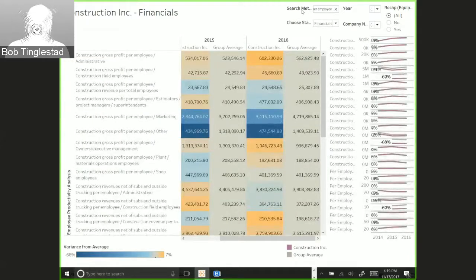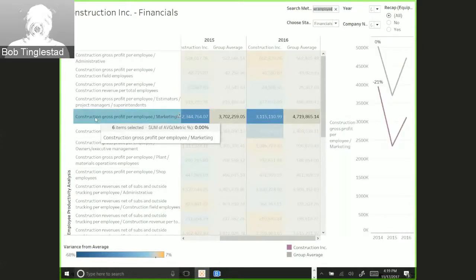I'm going to just search on those and look at our variance to the peer group. You can see in the legend down here, the darker the blue, the higher the variance to the peer group. Something that just stands out to me, right out of the gate, is our gross profit per employee in marketing is far lower than the peer group.